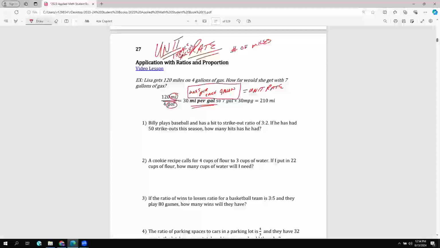Start using that kind of language, because when you say that, your brain hears it and says, wait a minute, that's a single gallon. So if that's a single gallon, then it only makes sense that I should just take that single gallon and multiply it times 7. Exactly, because that's how many gallons you're going to put in that car.